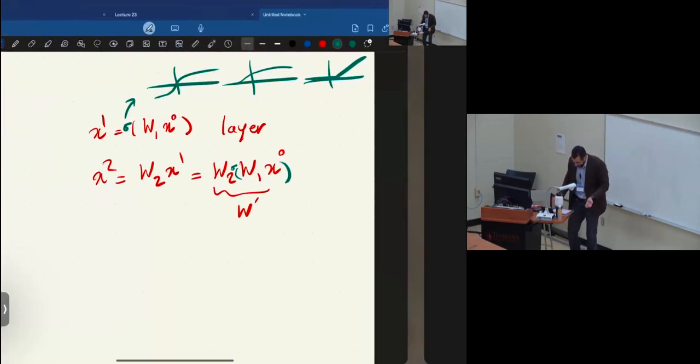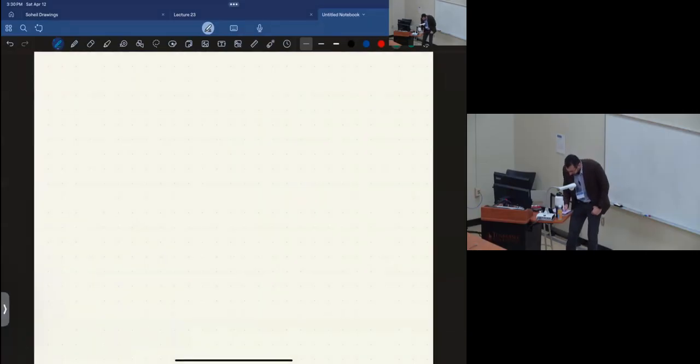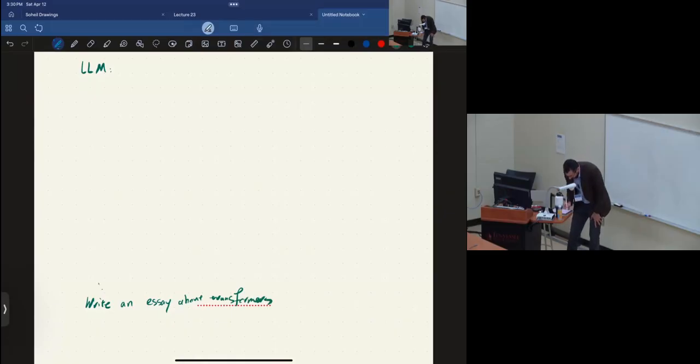So if I go to my notes, let's think about an LLM, a large language model. What I can send to this large language model is: write an essay about transformers. Okay, so what's going to happen is this: each one of these words is going to go into a tokenizer.